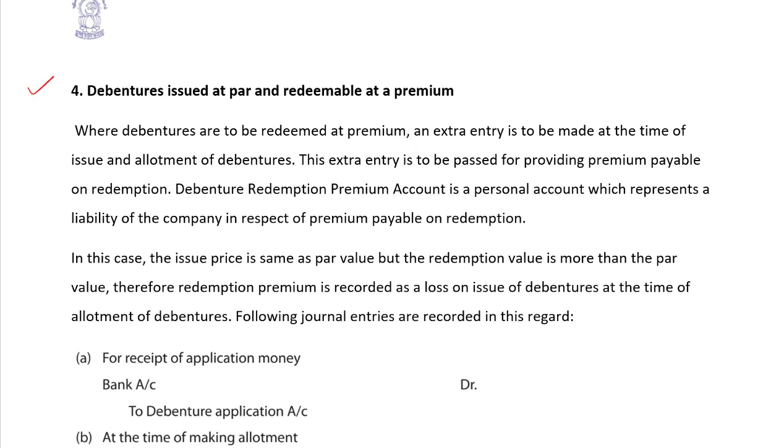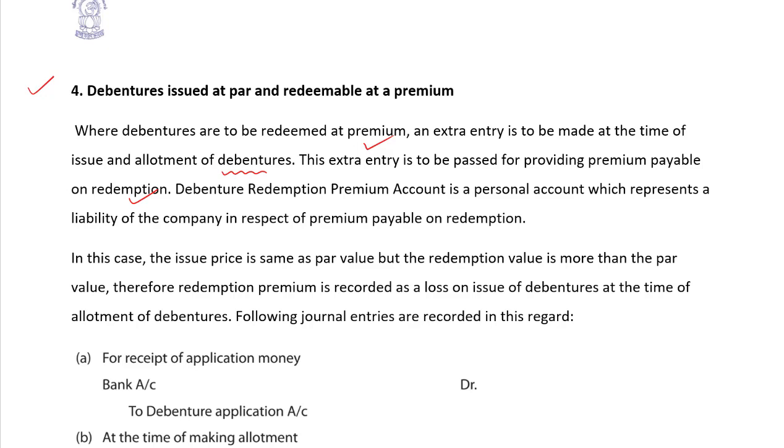Debentures issued at par and redeemable at a premium. Where debentures are to be redeemed at a premium, an extra entry is to be made at the time of issue and allotment of debentures. The extra entry is to be passed for providing premium payable on redemption.